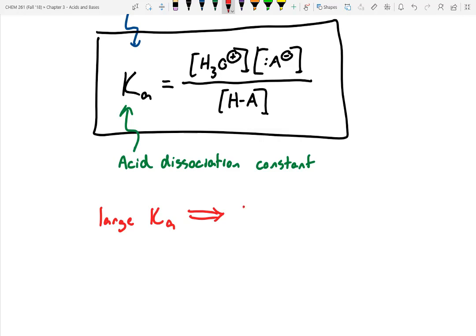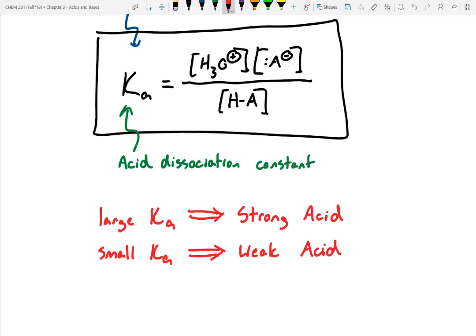So large Ka equals strong acid. All right, a small Ka, on the other hand, means that you have a weak acid. This is one thing I love about organic chemistry. We can boil math down into these really simple terms like that, right?